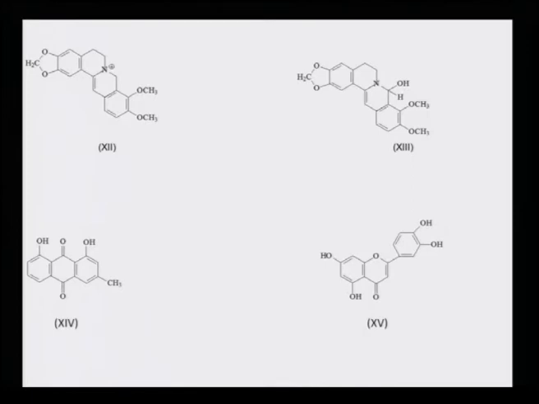Now, if you try to look at these compounds, you will see that compounds 12 and 13 are basically the berberine structures and the substituted berberine structures, whereas compound 14 is a typical compound which is chrysophanic acid, and compound 15 is luteolin.